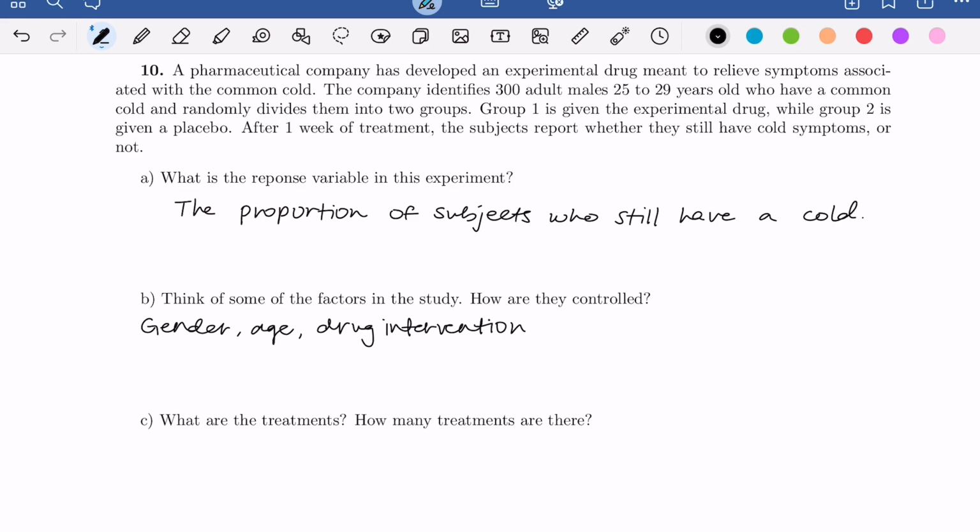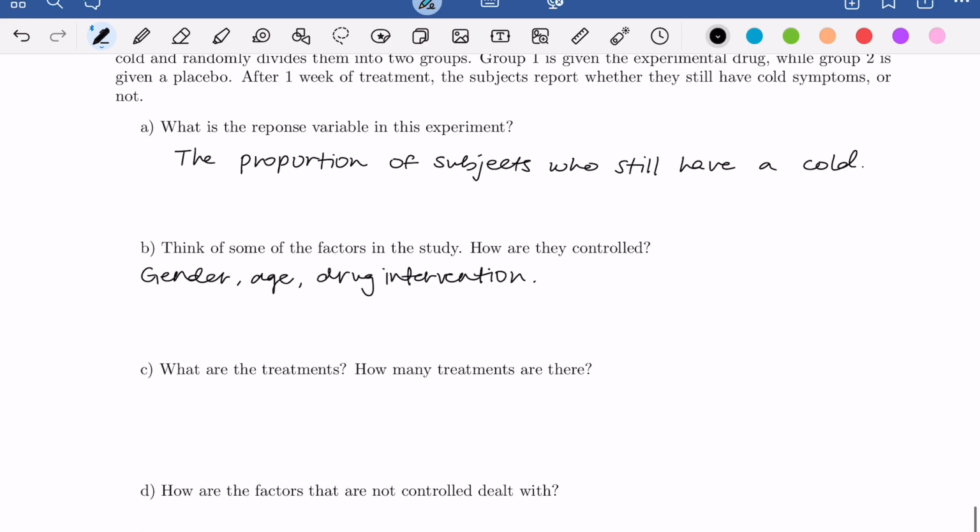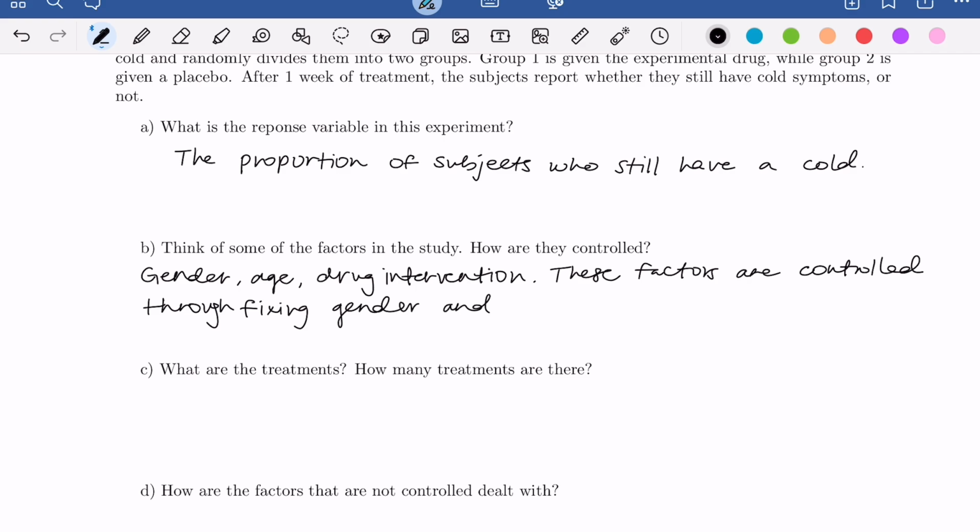So what we're doing in this case to control these factors is we're fixing the gender and age of our subjects and the amount of treatment. So these factors are controlled through fixing gender and age, and the amount of treatment.